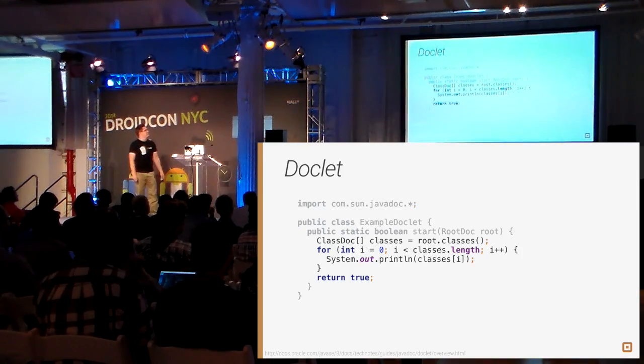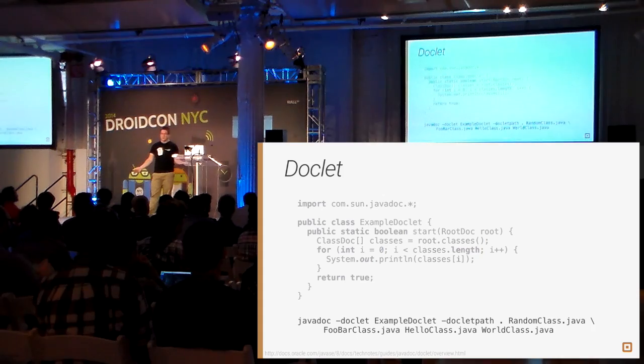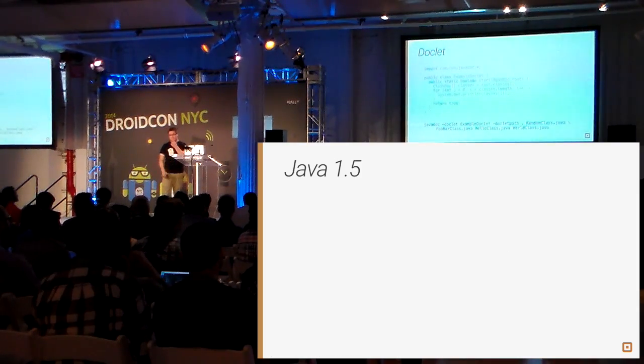And through here, I can loop over the classes, say, that are available to me. This is the mechanism through which JavaDoc is generated, but you can leverage it yourself for doing all kinds of things. So you can potentially generate code based off of this. And this is how you invoke it. It still works today with any JDK.